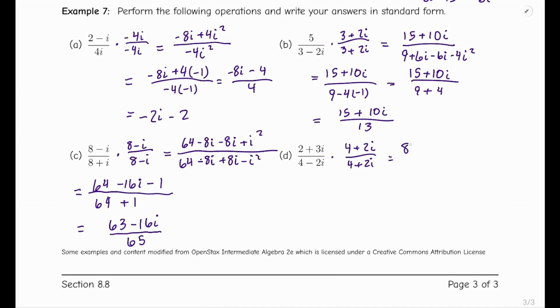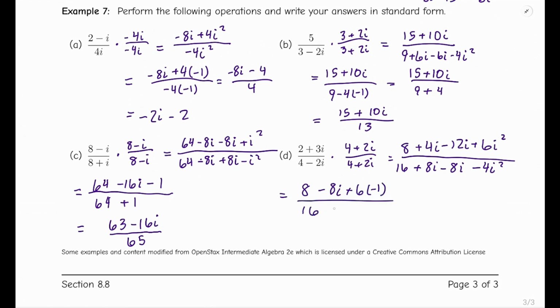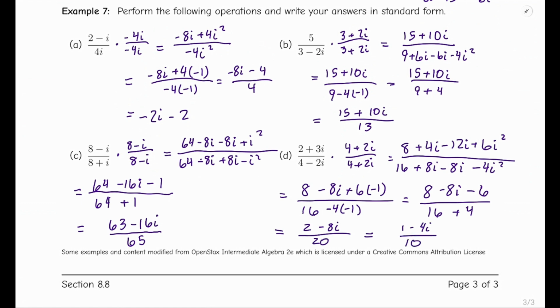So that becomes 8 plus 4i minus 12i plus 6i squared all over 16 plus 8i minus 8i minus 4i squared, which is 8 minus 8i plus 6 times negative 1 over 16 minus 4 times negative 1, which is 8 minus 8i minus 6 over 16 plus 4, which then becomes 2 minus 8i all over 20, which can be reduced by 2, so we get 1 minus 4i all over 10. And that is the end of section 8.8.